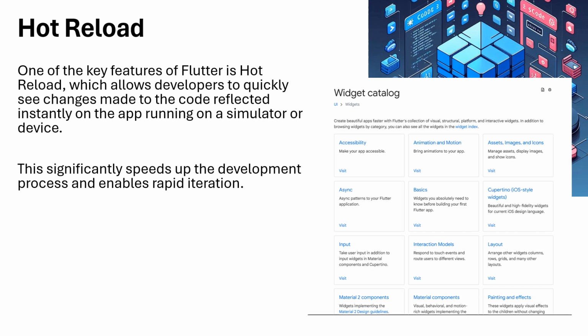So any change you make in the code reflects immediately on the front end, and that's what you call hot reload. You are able to see what you coded immediately, and if there are any changes or errors, you can see the response immediately and fix it, and therefore the development process becomes faster.